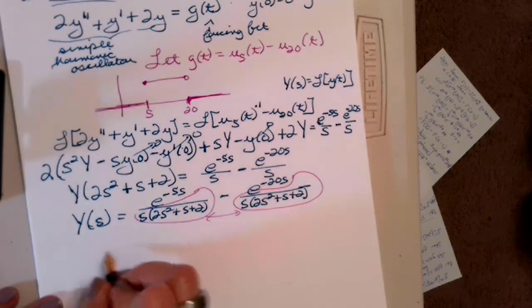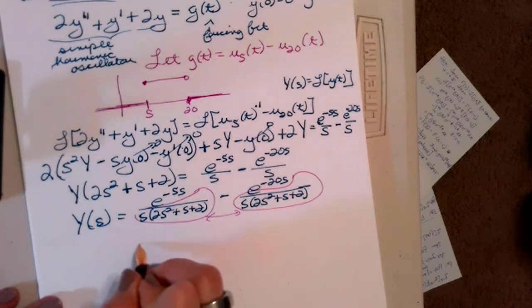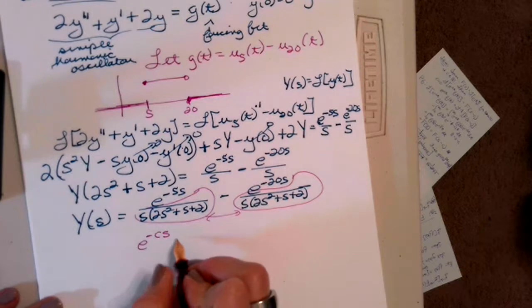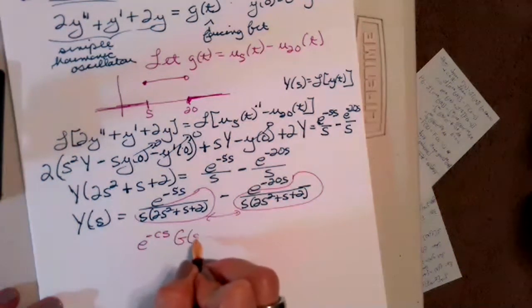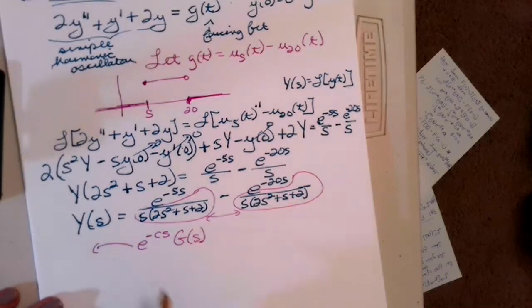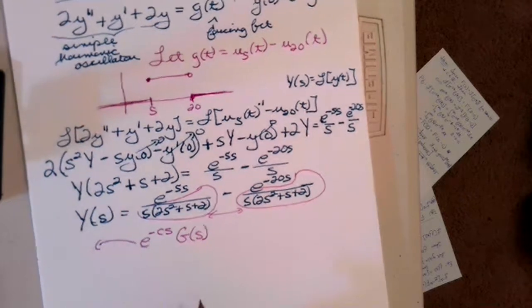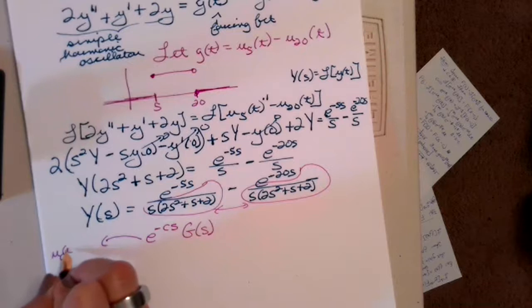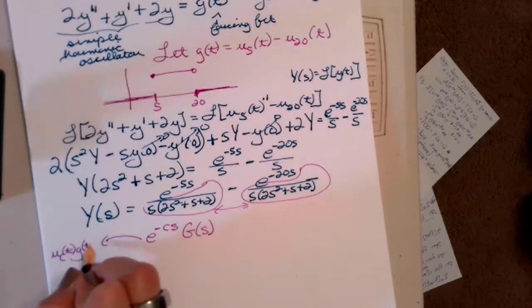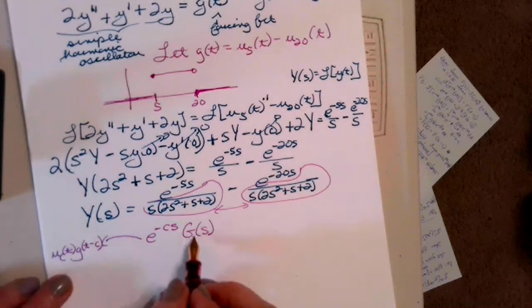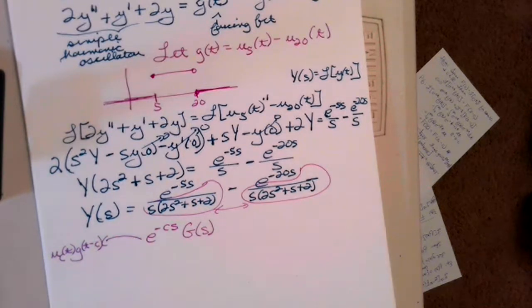So you remember our theorem said if you have e to the minus cs times G of s, then the inverse Laplace transform of that, when you look up on the table, is going to be u_c of t times g of t minus c, where g was the function you got as the inverse of the Laplace transform of capital G.